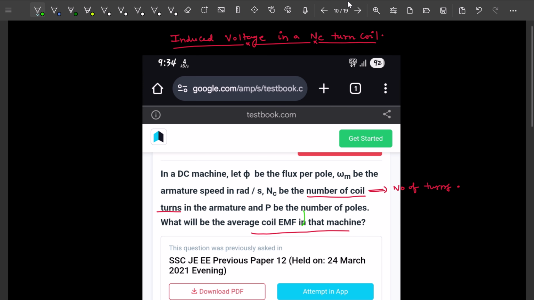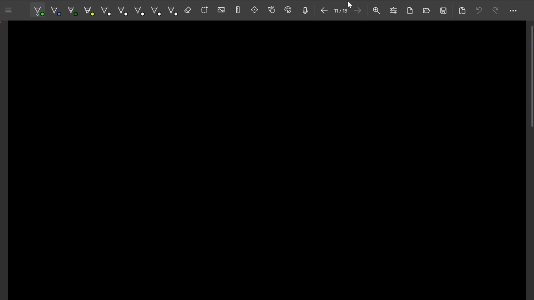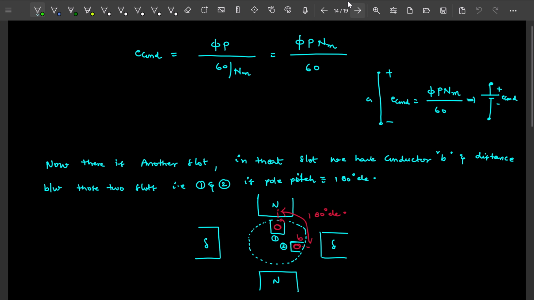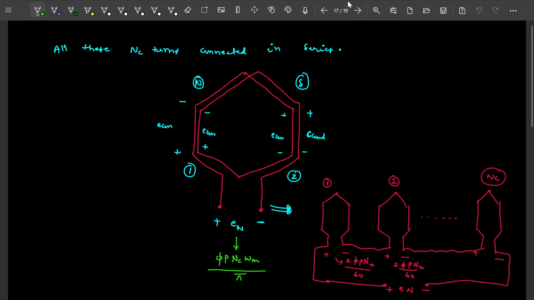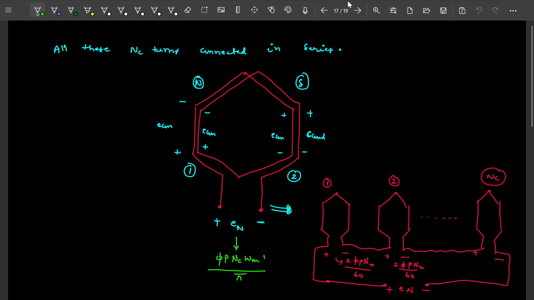Okay, whether we have got the same thing or not, we'll see. This P also, we have got 5 P NC omega m P by pi. Here I forgot to write that P.